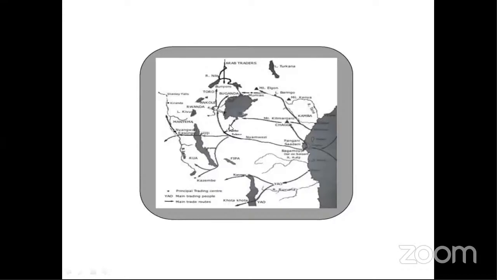Then you can also see arrows from the coast to the interior, from the coast here now to Buganda, Bunyoro again. Then you can see from the coast to Burundi, Rwanda around here. Then you can see again from the coast to Kenya, where there is this arrow. Then you can see to West Africa, Namibia.